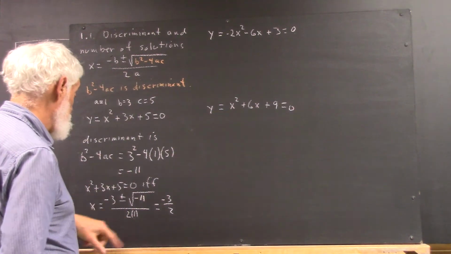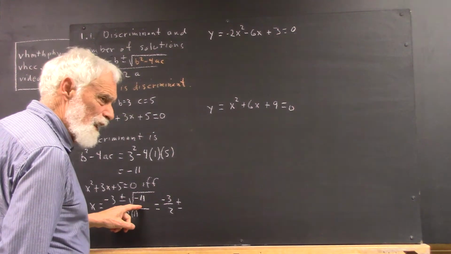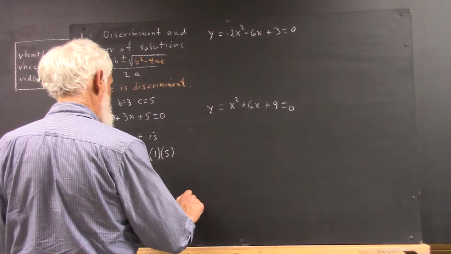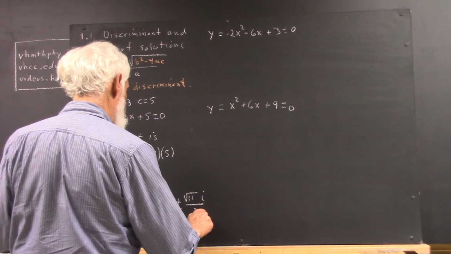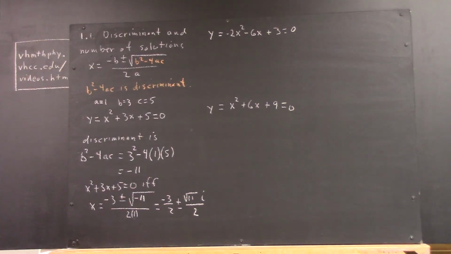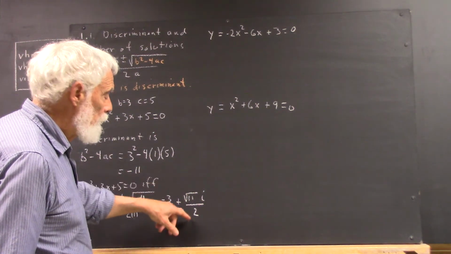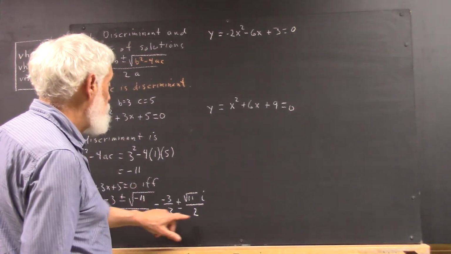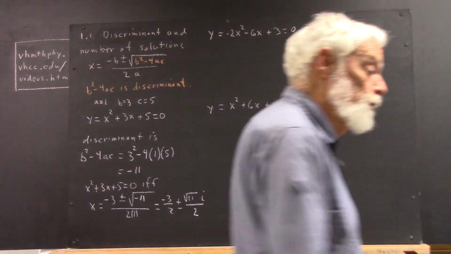And that's plus or minus the square root of negative 11. That's the square root of 11 times i, where i is an imaginary number. So x is negative 3 halves plus or minus the square root of 11 over 2 times i, an imaginary number. That's two complex solutions. So we have two complex valued solutions.